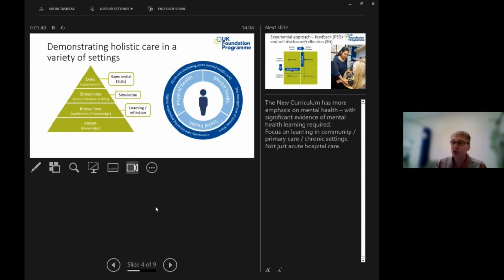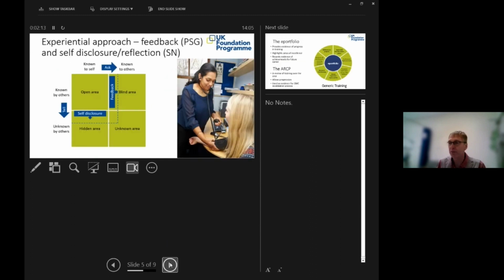And the Foundation doctors do this by demonstrating their abilities in the workplace. And you can see on the left there, the green triangle showing the evidence that we like Foundation doctors to produce to show that they're capable of doing those 13 areas.